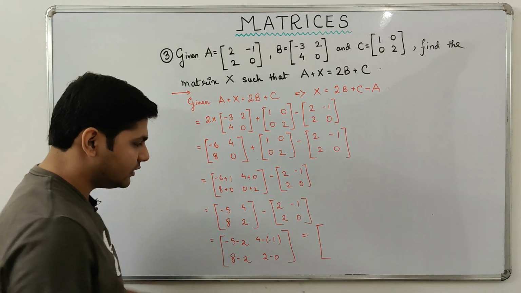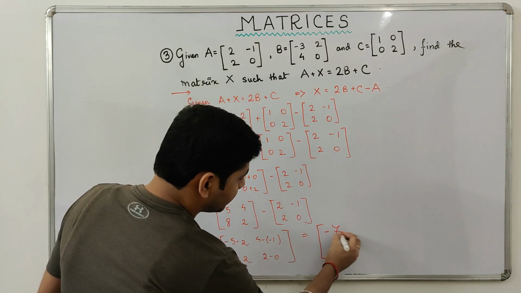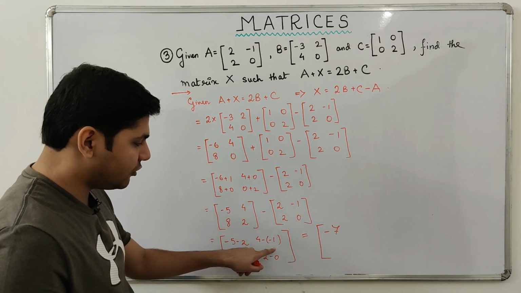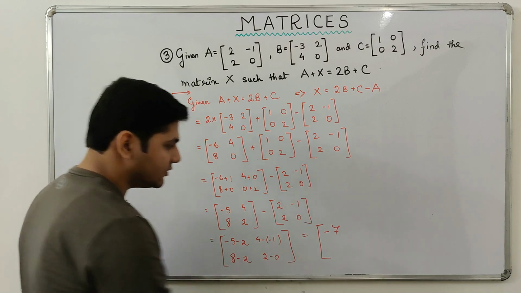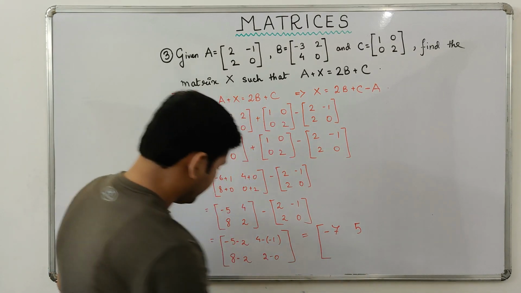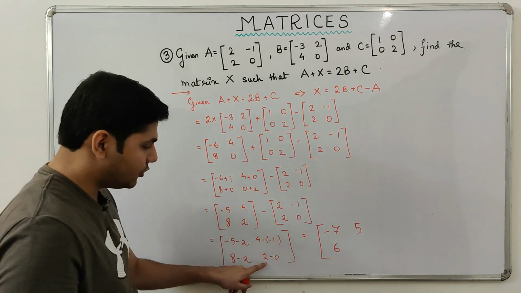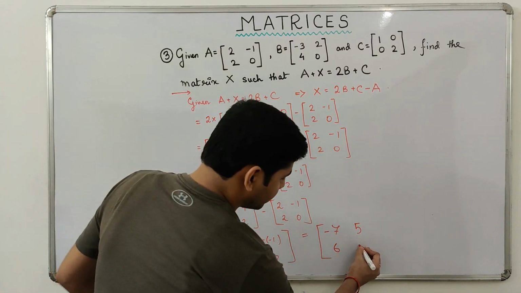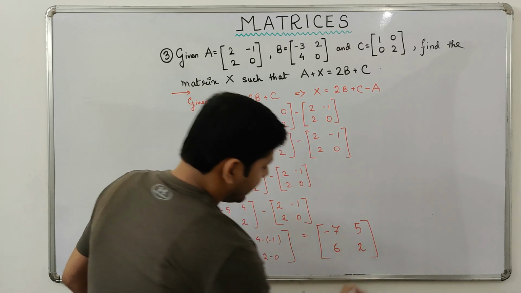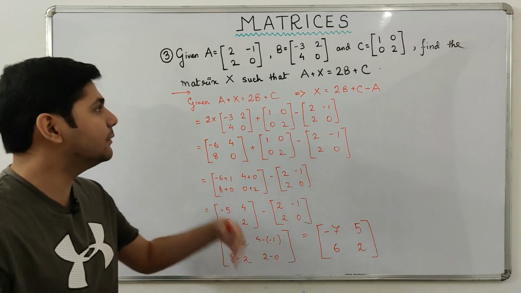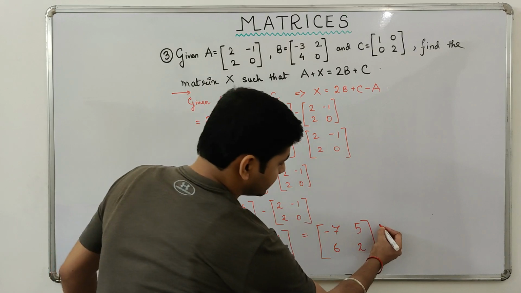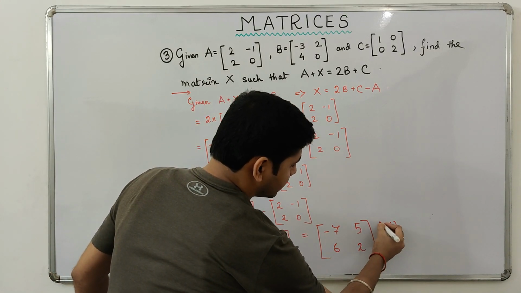Minus 5 minus 2, that's minus 7. 4 minus of minus 1, that's 4 plus 1, which is 5. 8 minus 2, that is 6. And 2 minus 0, that is 2. Hence this is the matrix X.